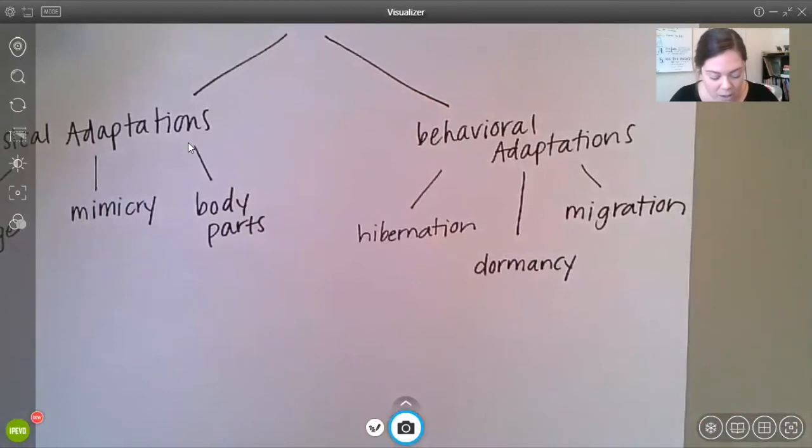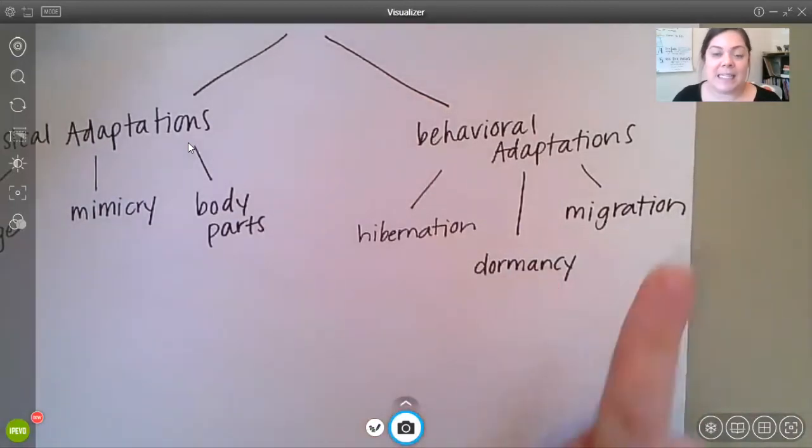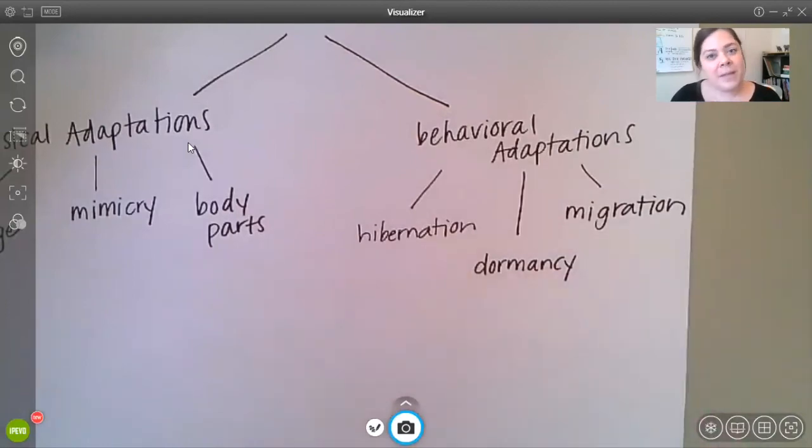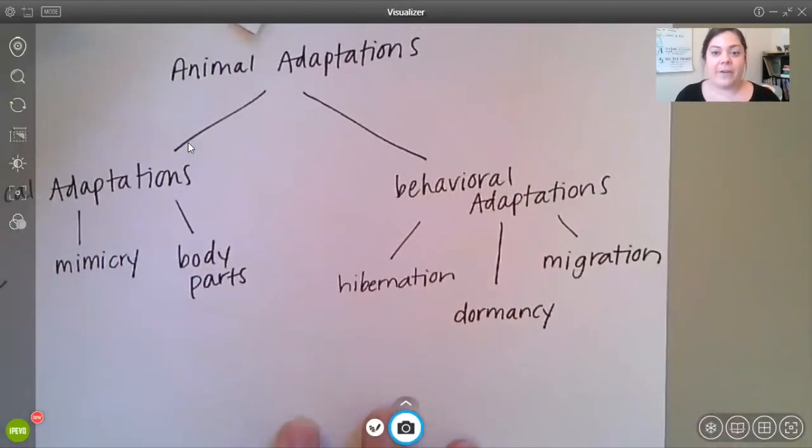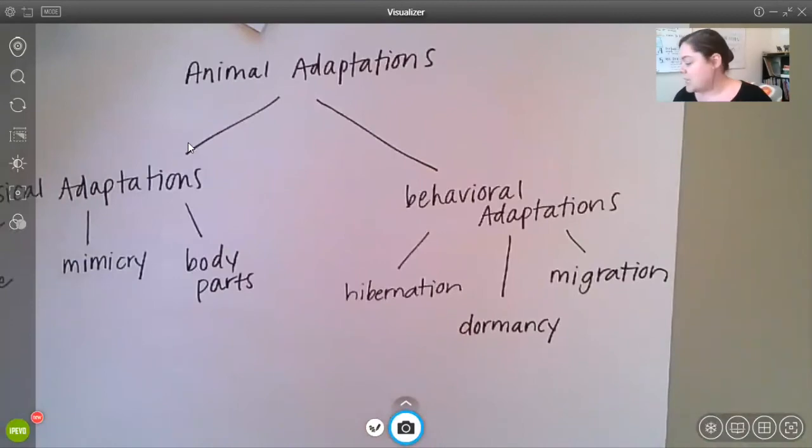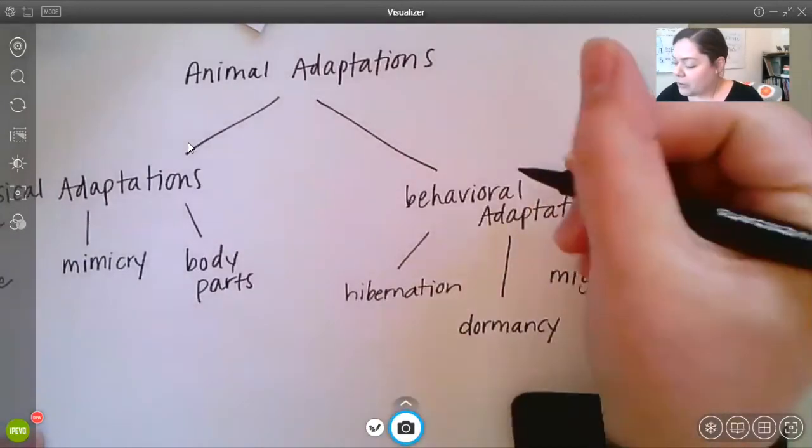So in your reading this week, as I said, you're going to read about hibernation, dormancy, and migration. But there are lots of other different types of behavioral adaptation. And we're just going to label those as other behaviors.